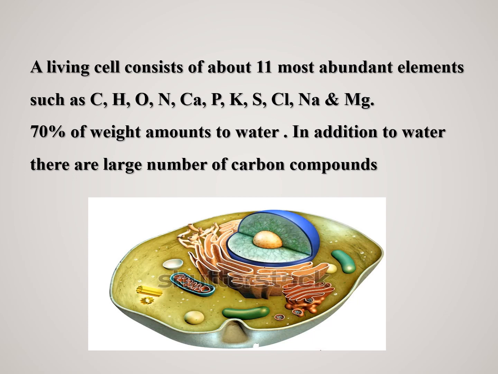So a living cell consists of about 50 different elements, out of which 11 elements are most abundant in the living cell. Which are these different elements?